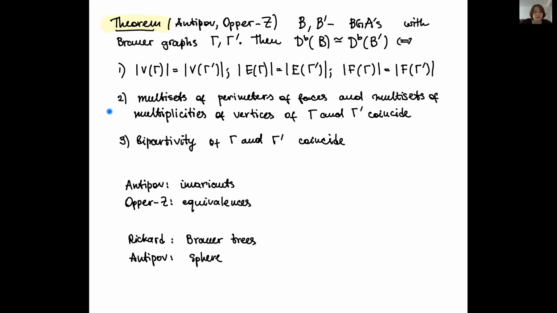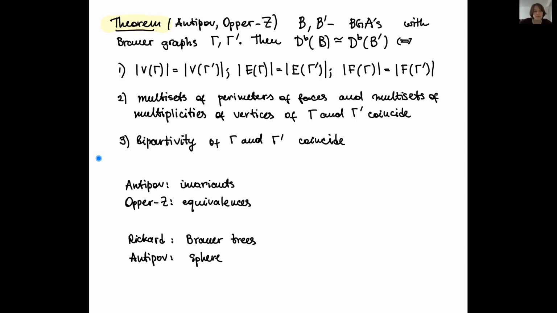Then the multisets of perimeters of faces and the multisets of multiplicities of vertices should also coincide, and also the bipartivity of gamma and gamma prime. So they are either both bipartite or both non-bipartite.